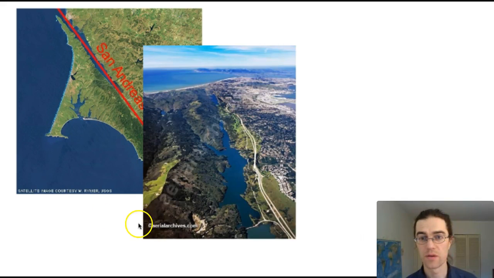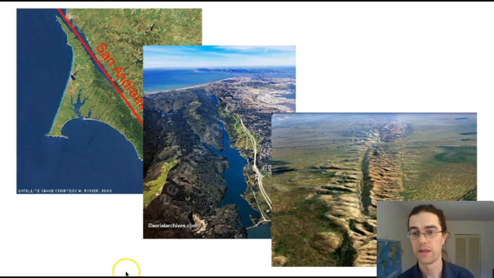And then we can see that, on an aerial photograph, what that looks like. And then south from there, what the San Andreas Fault looks like down in the western part of the Central Valley. Another photo is from there.